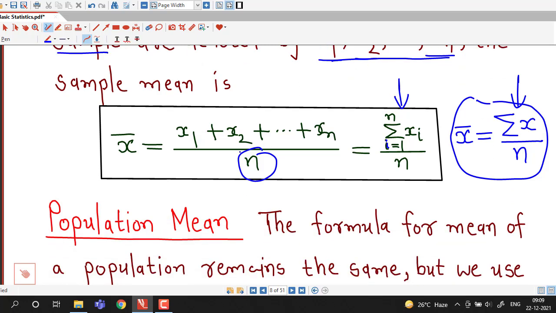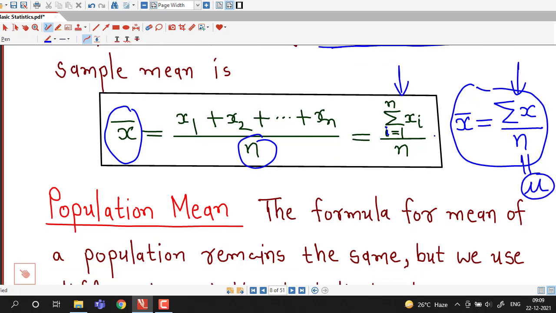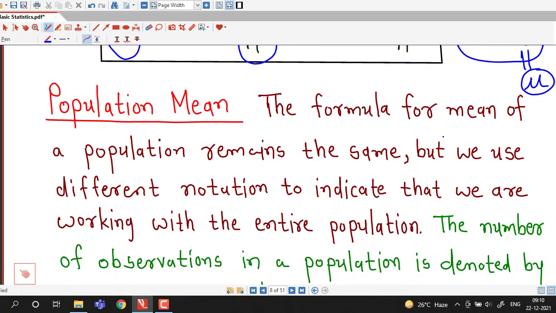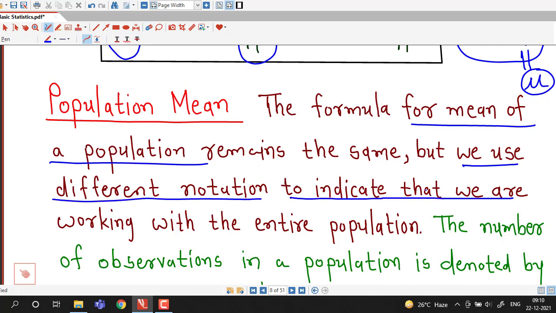The definition of population mean is the same. The only change is in the notation. Instead of x bar we will write mu. So here we have mu as the notation for population mean. The formula for the mean of a population remains the same, but we use a different notation to indicate that we are working with the entire population.